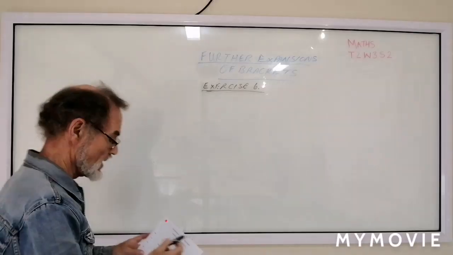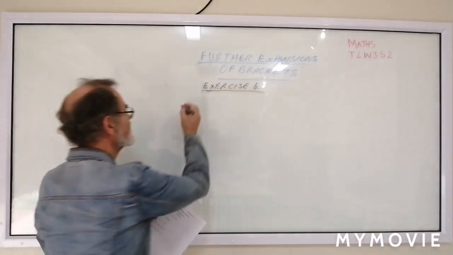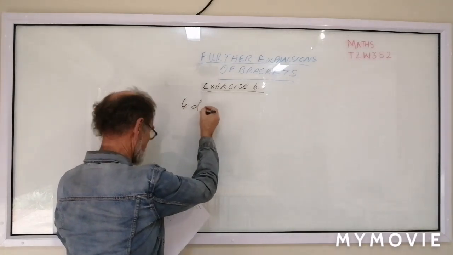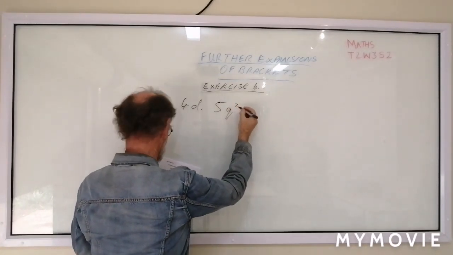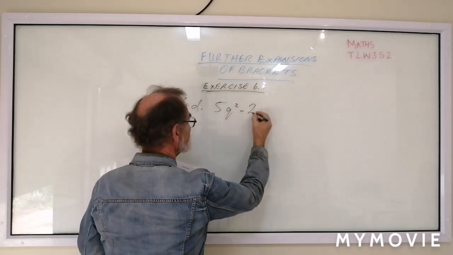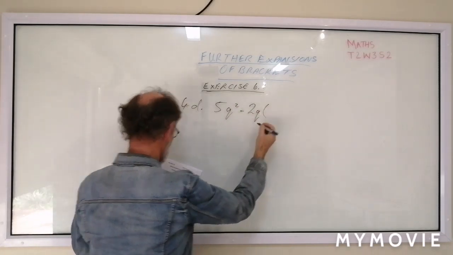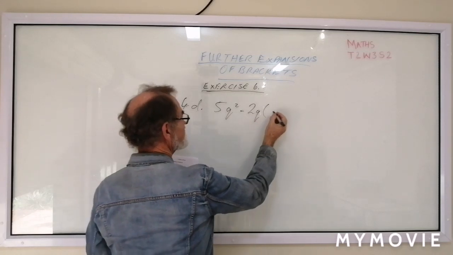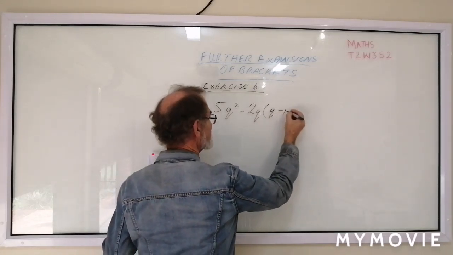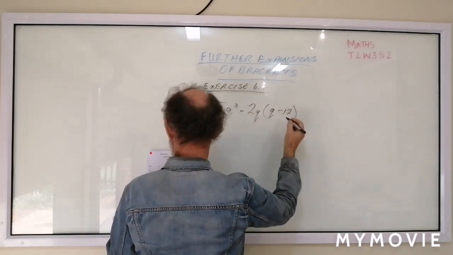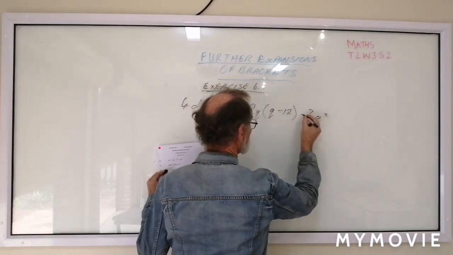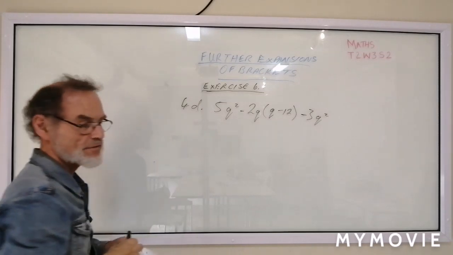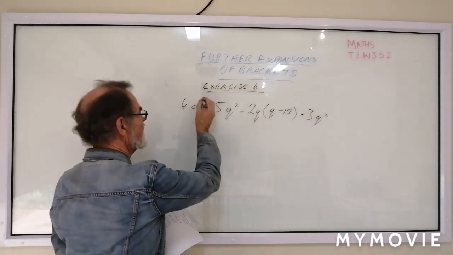Right. Question 4D. We have 5q squared minus 2q bracket q minus 12 and minus 3q squared. Nothing much has changed here.